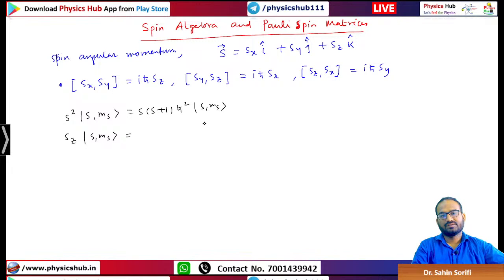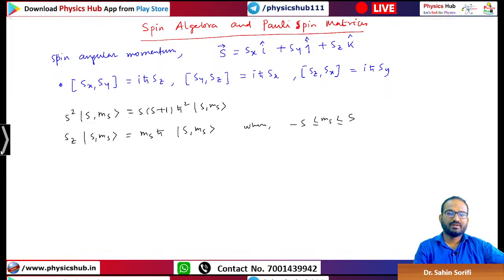If you have understood the orbital angular momentum part, the spin angular momentum is just a follow up, nothing much is here. The value of MS lies between minus S to plus S.